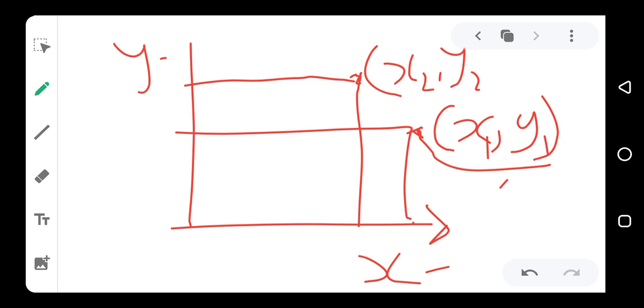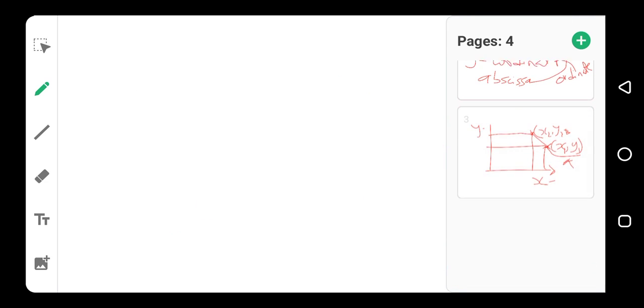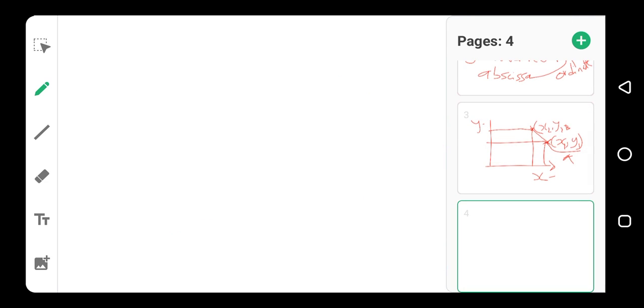Let's assume that this one is point A, and this one is point B. We want to find the distance between the 2 points, that is from here to here. We use this formula, which is gotten from Pythagoras theorem.